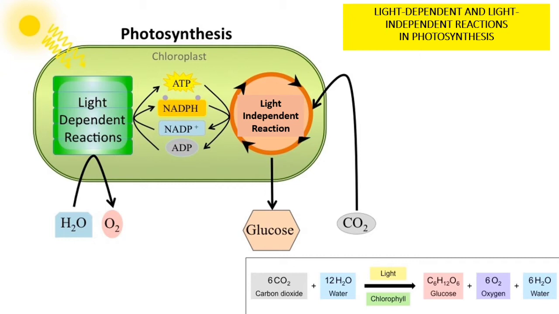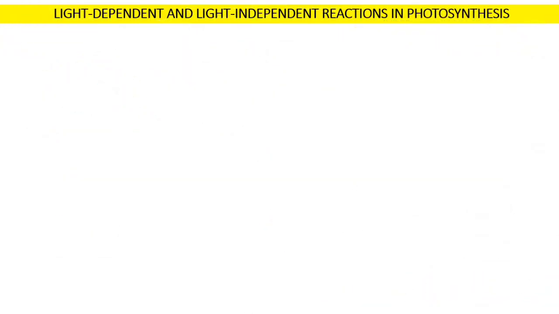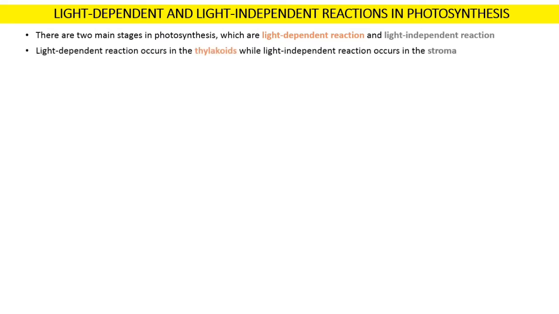Carbon dioxide and water in the presence of light and chlorophyll will produce glucose, oxygen and water. There are two main stages in photosynthesis, which are light dependent reaction and light independent reaction. Light dependent reaction occurs in the thylakoid, while light independent reaction occurs in the stroma.